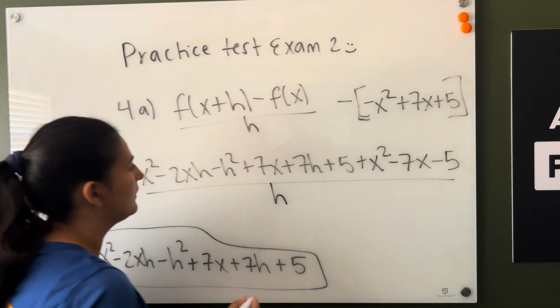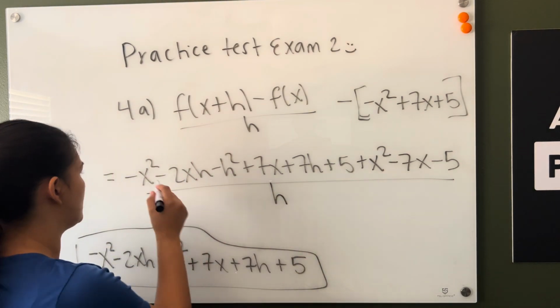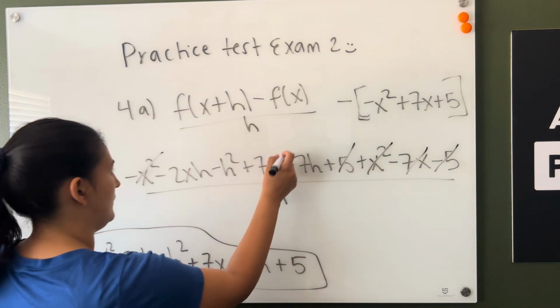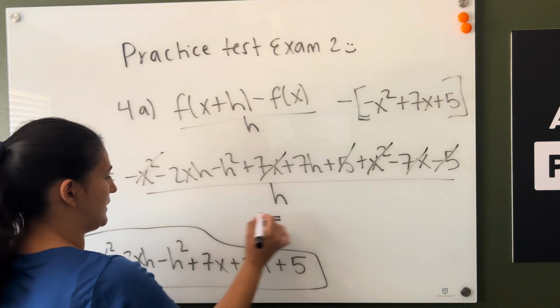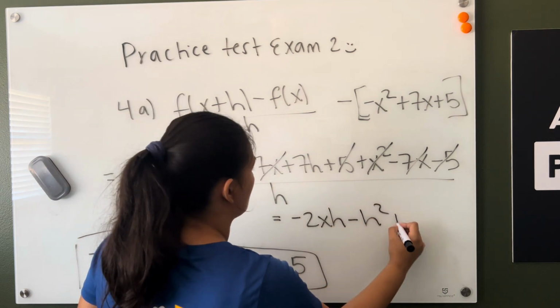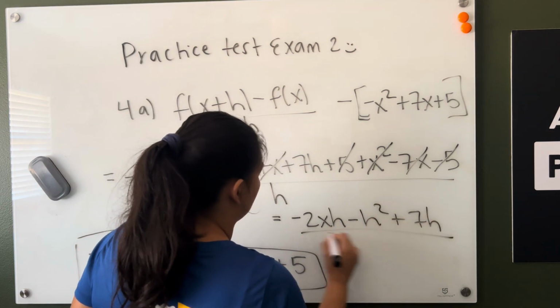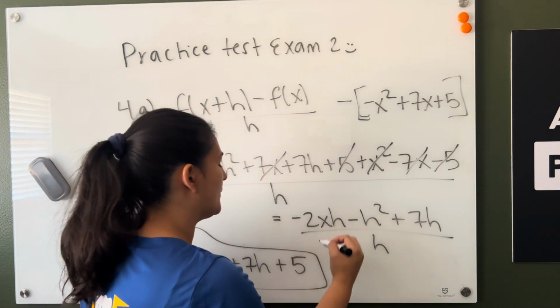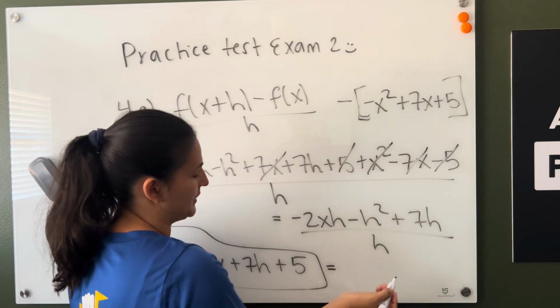Okay, so now terms should cancel out. I'm going to see which terms cancel. The cool thing is that all these terms that are left over have an h, and I'm going to be dividing by h. That means one h cancels from each term. You could pull the h out, or you can just cancel.